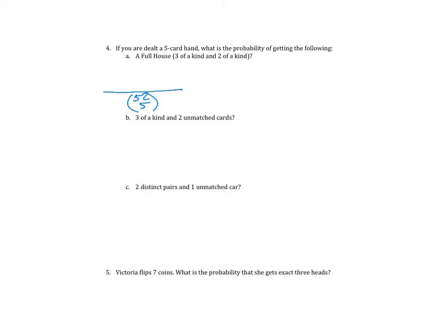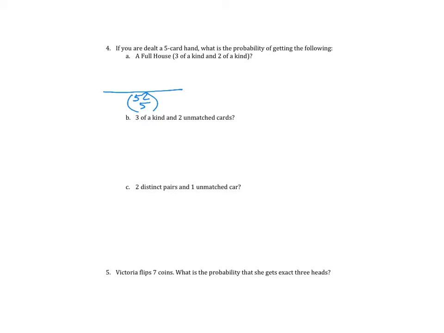Okay, so let's choose the rank for the 3 of a kind. I'm going to choose that separately from choosing the 2 of a kind, because the 2 of a kind is different. If I were choosing two pairs, then I'd do 13 choose 2, because they're 2 of the same thing, so I'd have to account for order there.